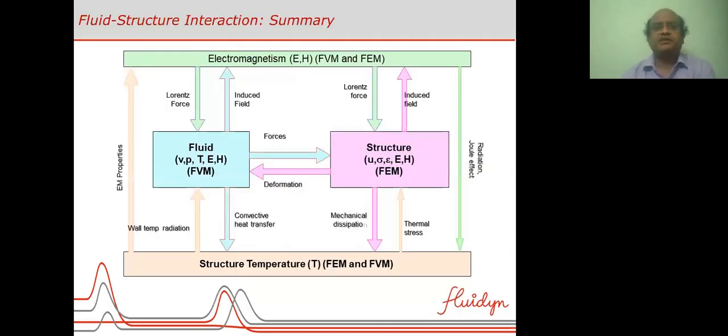So in general, multi-physics problems, nowadays you take any engineering problem, it inherently involves a coupling of various physical processes. It involves fluid flow, it involves chemical reactions, it involves structural deformations, it involves electromagnetics, like in magnetohydrodynamics. It involves heat conduction.